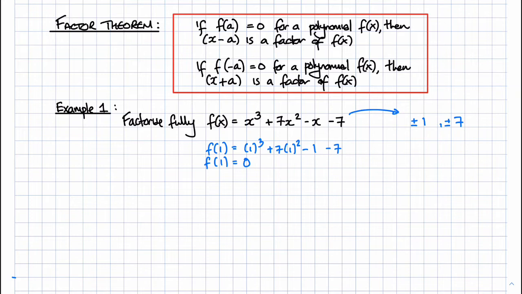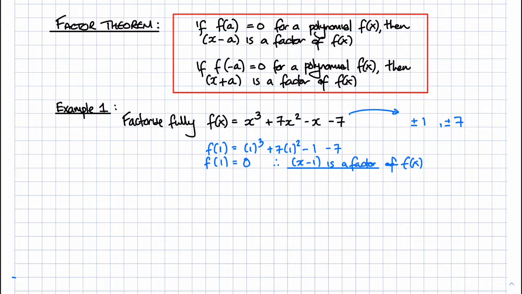So in our case, since f of 1 is equal to 0, we can say therefore x minus 1 is a factor of f of x. So we have now determined one of the factors. One of the factors is x minus 1. Now we're going to use this factor to help us determine the remaining factors.